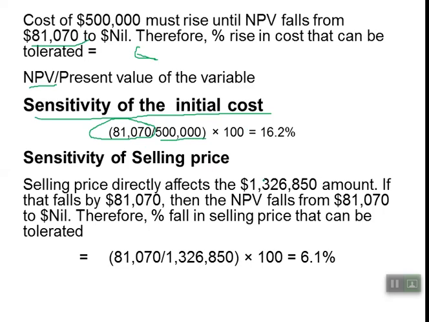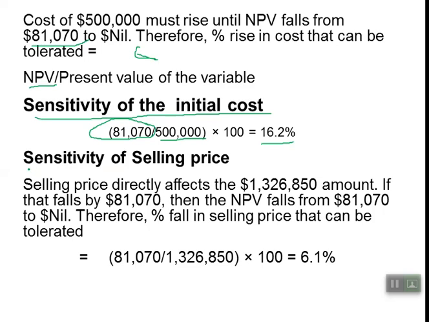So meaning that if our initial cost increases by 16%, automatically your NPV will be equal to 0. Or if the initial investment increases by 16.2%, then our NPV will become 0. You can try it in your calculations.